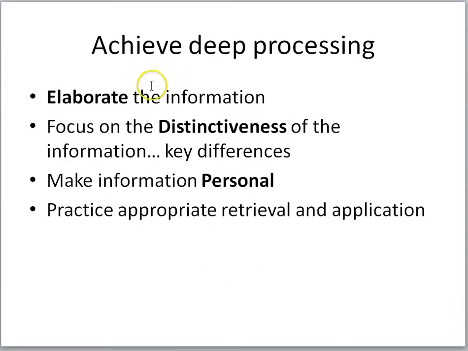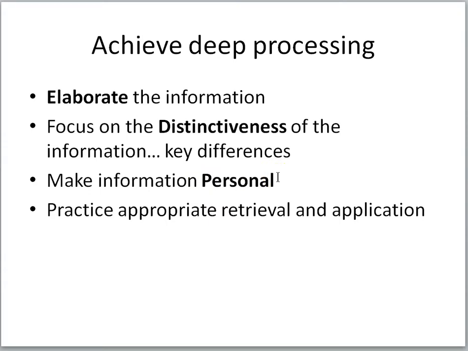And educators have some strategies for achieving what they call deep processing. Elaboration is one of them. So if you really want to learn something well, you want to elaborate the information, and concept maps are a great way to do that. You can focus on the distinctiveness of the information, so the key differences between what you're studying and other things you might know. Another way to achieve deep processing is to make information personal somehow.